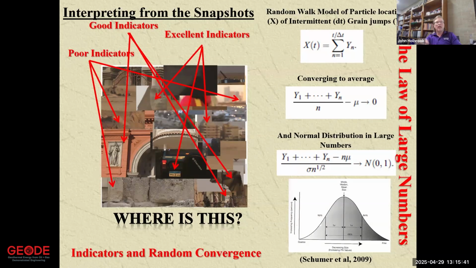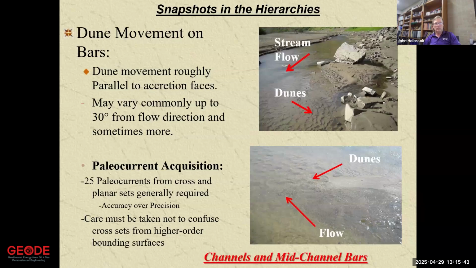An example of that in the rock record is paleocurrents. These dunes are moving all over the place. Some of them are moving downstream, some of them are moving obliquely, they're all wrapping around bars and bar faces, and the dunes are piling up as elements making bigger things that are the bars in the channel.